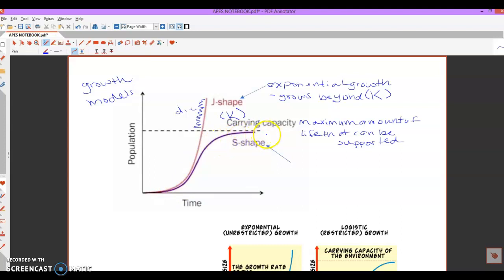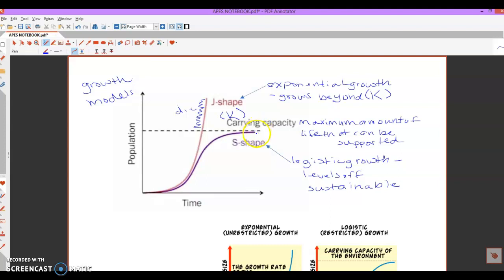So this population is obviously going to be much more sustainable, okay? We call the S-curve logistic growth. Logistic growth levels off. It's also sustainable. It's not going above the carrying capacity.